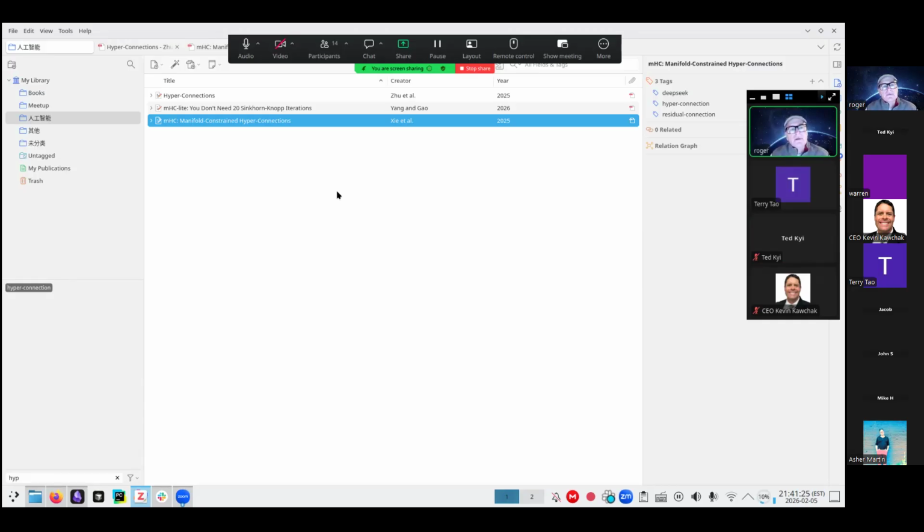And for the MHC, manifold constraint hyperconnection paper, it says that the hyperconnection training is not that stable because they multiply the residual stream by a matrix, and that matrix can shrink or expand the values, so it will become extreme values, small to zero, or very big values.